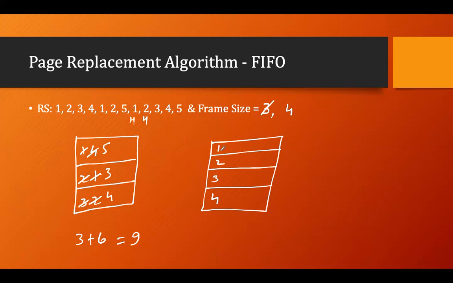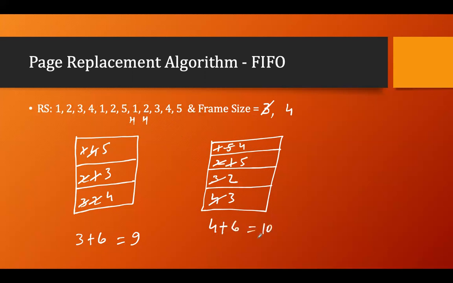Now 5 is not there, so we take 5. The previous 1, 2, 3, 4 will be written, otherwise it will be a problem. So for 5 we have to replace 1, then 1 we have to replace 2, then 2 replaces 3, then 3 replaces 4, then 4 replaces 5, and then 5 has to be replaced. So how many page faults? 1, 2, 3, 4, 5, 6.